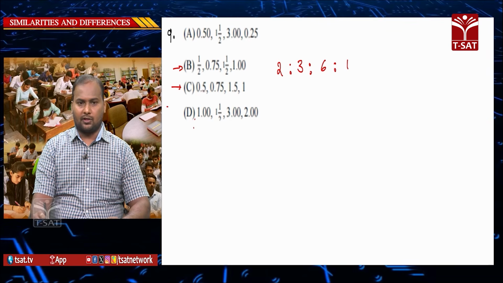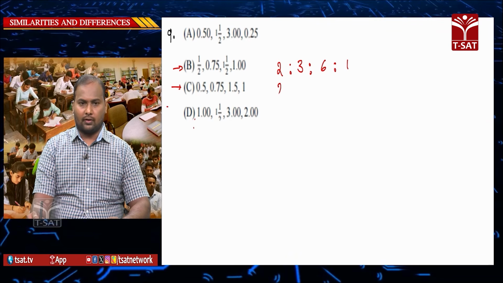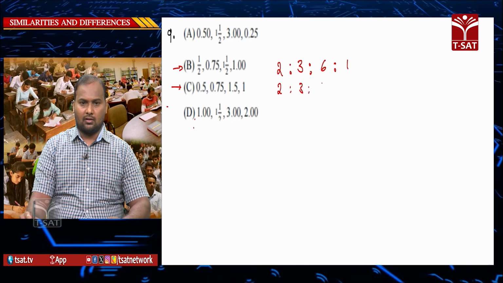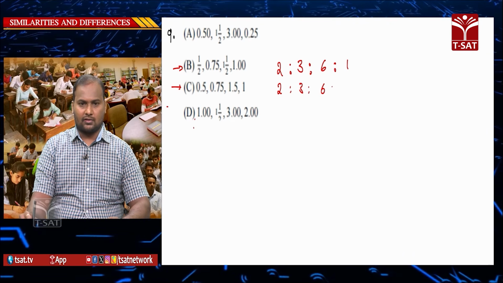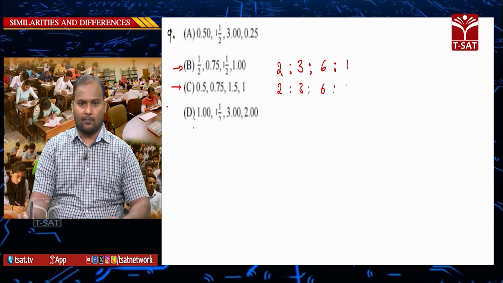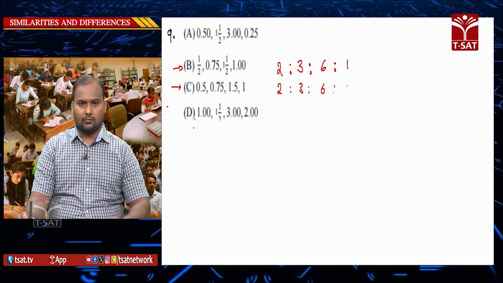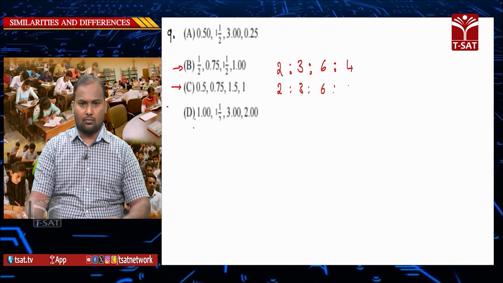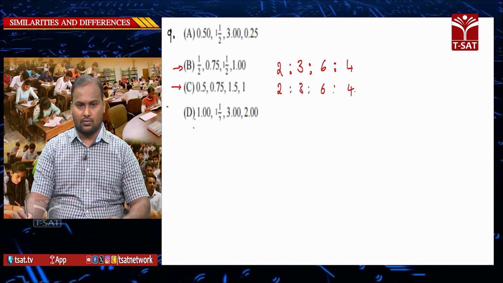In the same way, option B also: 0.25 into 2 is 0.5, 0.25 into 3 is 0.75, 0.25 into 6 is 1.5, and 0.25 into 4 is 1. So the ratio is 2:3:6:4.